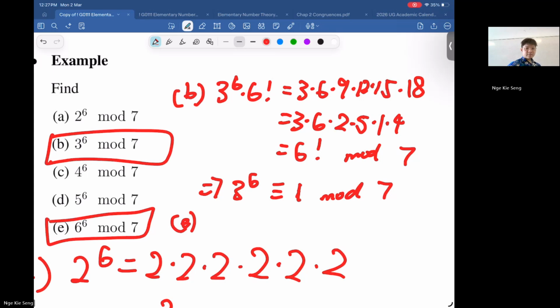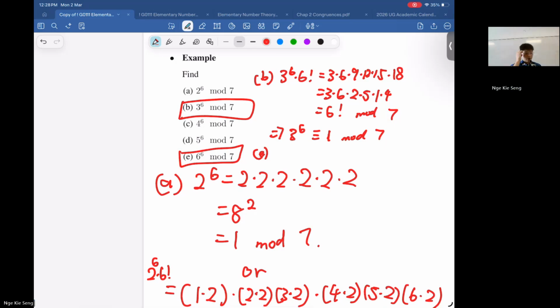Did anyone of you use Wilson's theorem or the quicker way? Anyone try E? Oh, you also use Wilson's theorem? Does it work? Okay, good. But then 6 mod 7 is easy, right? 6 mod 7 is minus 1, so you just take minus 1 to the power 1.